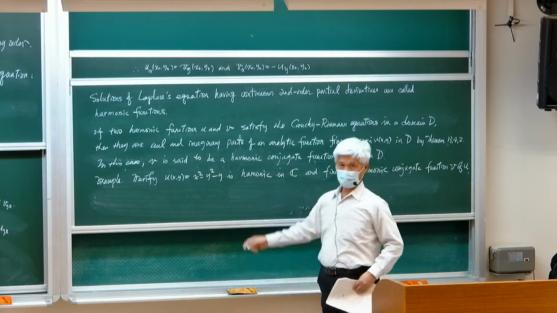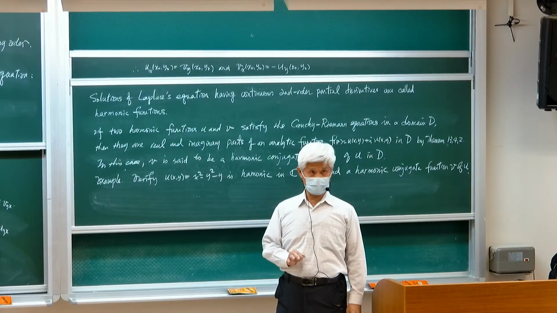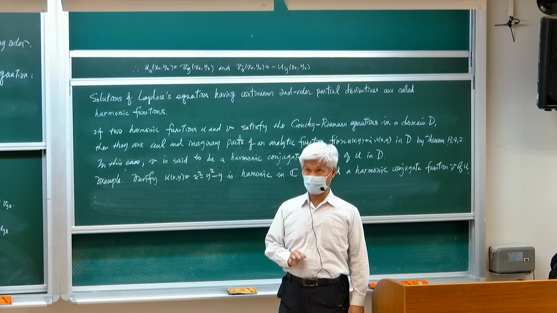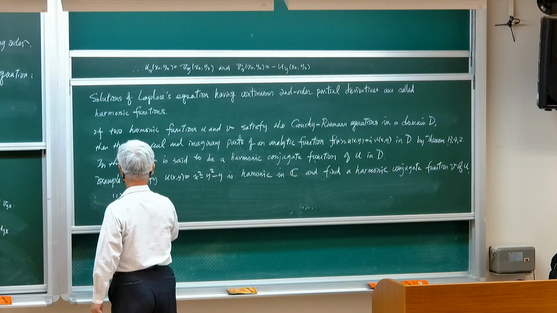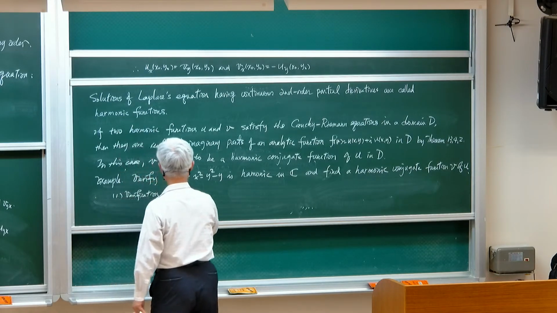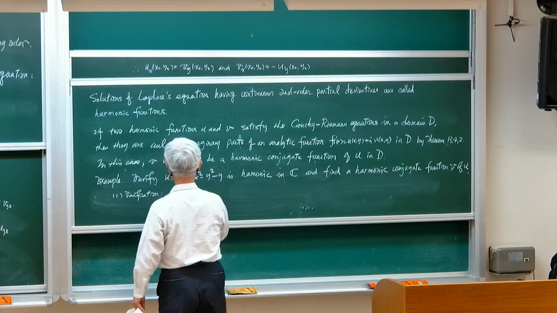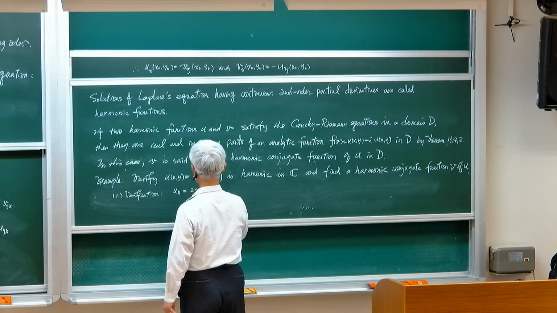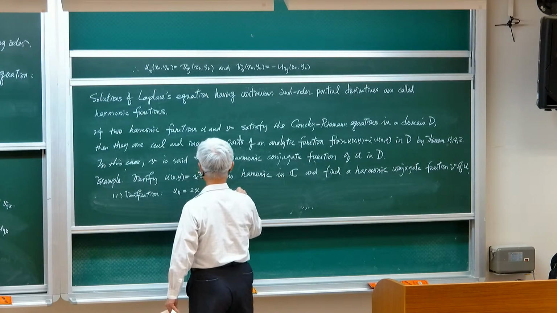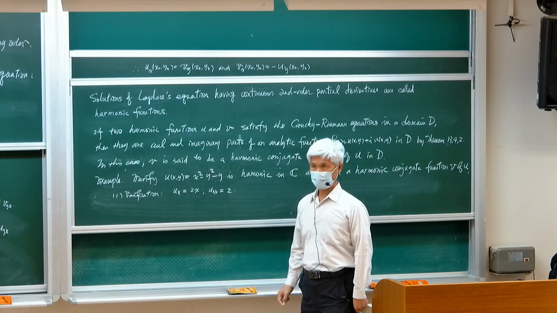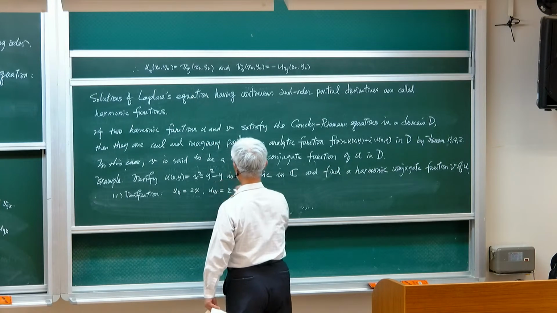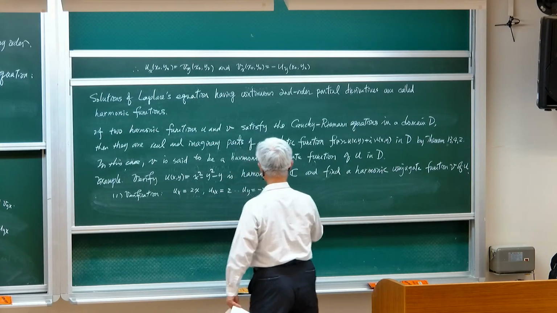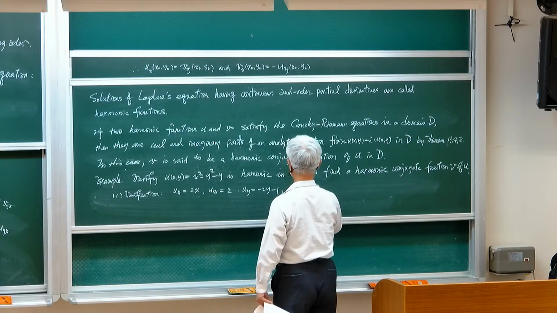To verify that it's harmonic, you should justify that it's a solution of the Laplace equation. So first of all, verification. We take u_x, which is 2x, and u_xx is equal to 2. Now u_y is minus 2y minus 1, and u_yy equals minus 2.